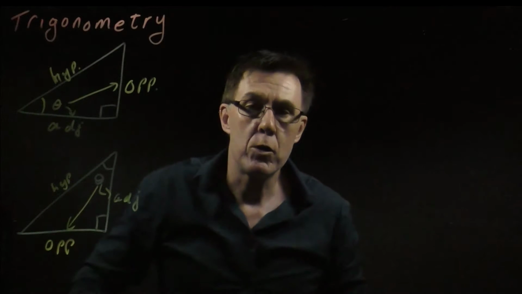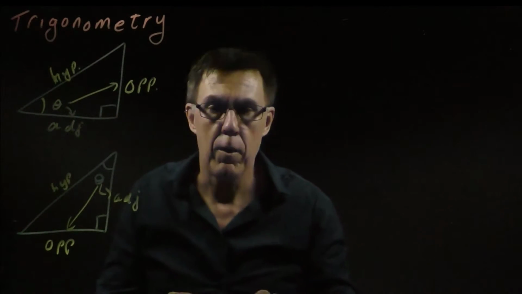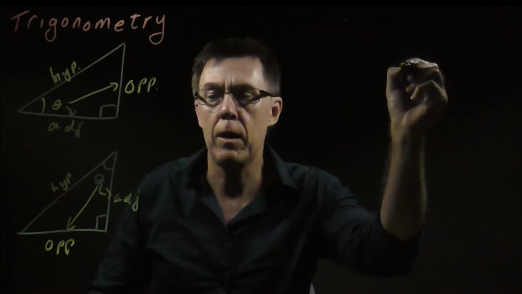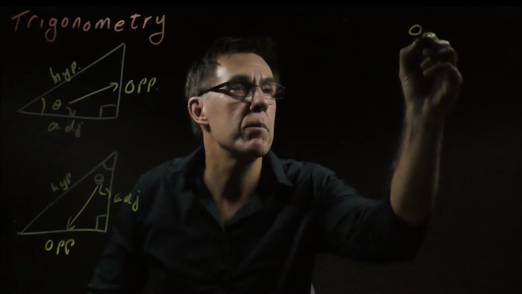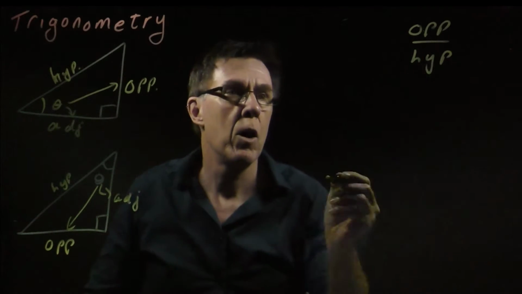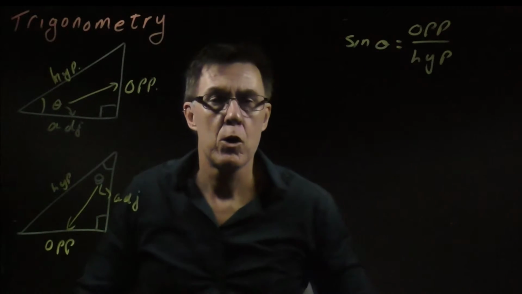Now, we just divide those three sides together in different patterns, and every mathematician everywhere in the world follows exactly the same rules. If we take the length of the opposite side and divide it by the length of the hypotenuse side, we have a ratio which we call the sine ratio.